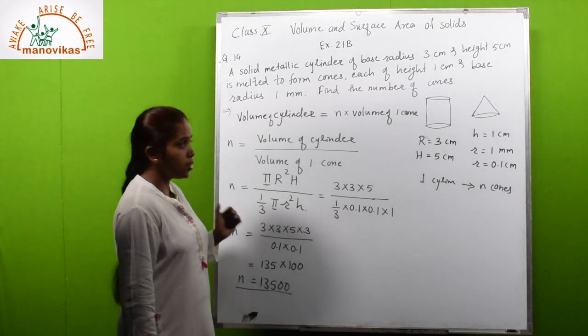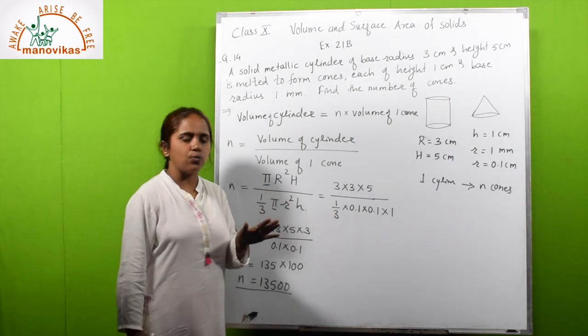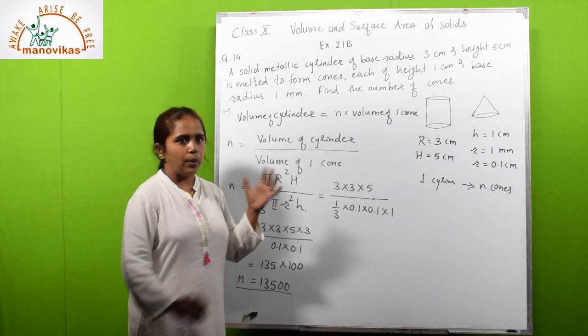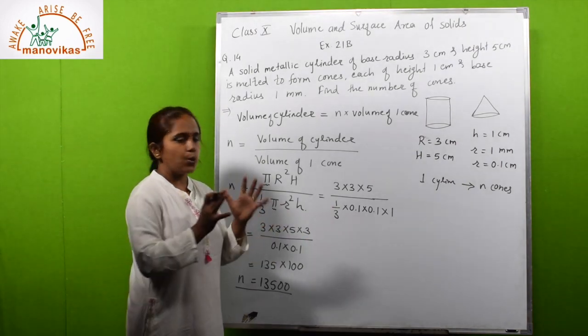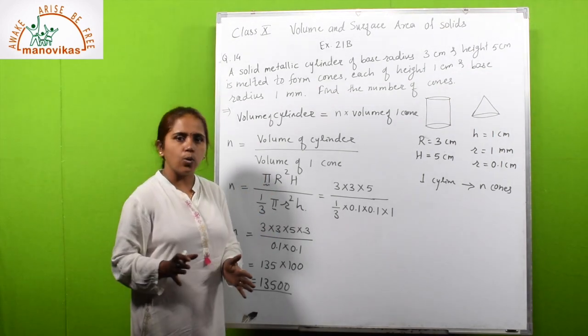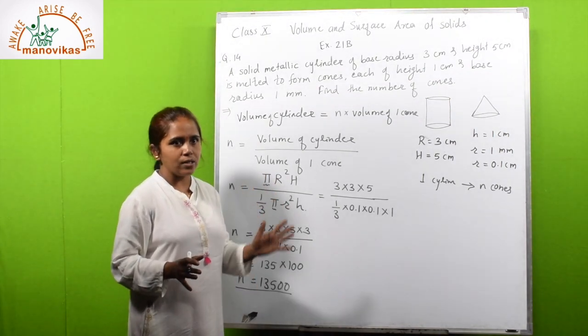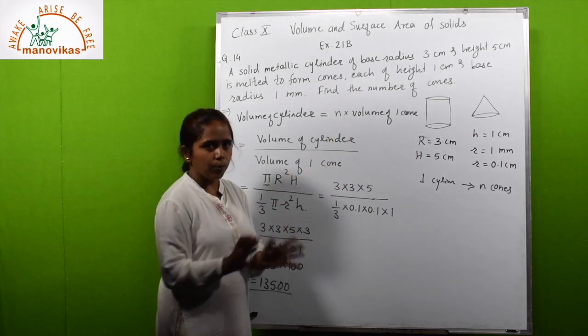Okay, understood? In this sum, one solid is melted and recast to form another solid, but from one big cylinder we have made a number of cones, so the volume of the one cylinder is divided into the volume of the cones. So the volume remains the same. The volume of one cylinder is nothing but the volume of that number of cones.